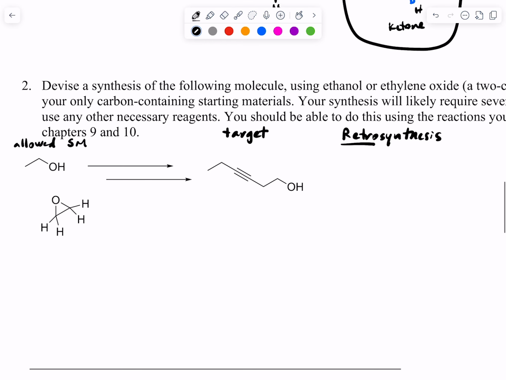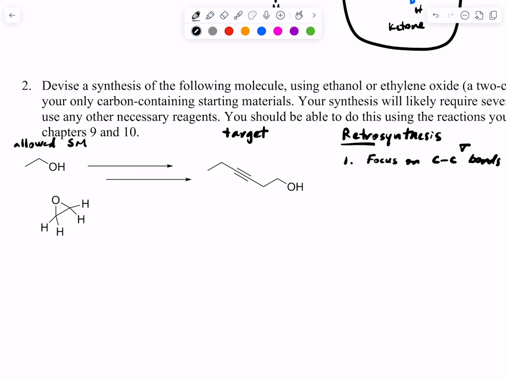So the first rule of retrosynthesis is focus on carbon-carbon bonds, because those are the steps, and I'm talking about carbon-carbon sigma bonds mostly. Those are the steps where you build up complexity from smaller things to larger things.